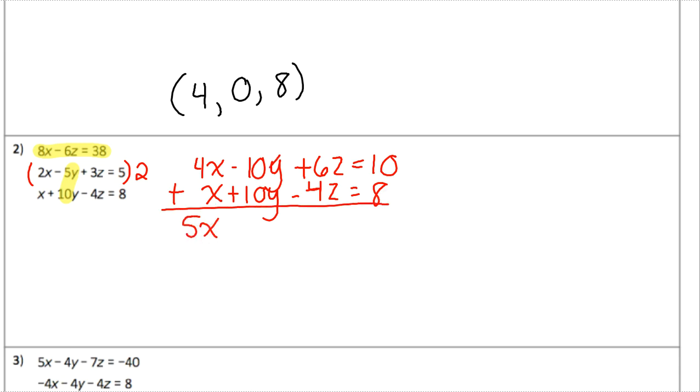That's going to give me 5x plus 2z equals 18. Okay, so now we have two equations with two variables, so we can set those up to eliminate. The first one we already had done for us, which was nice. And I'm going to put this second one we found with it.